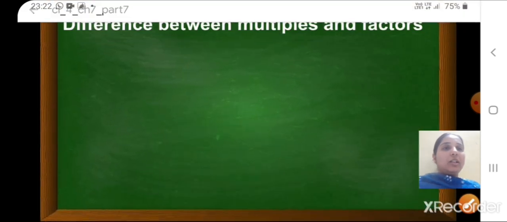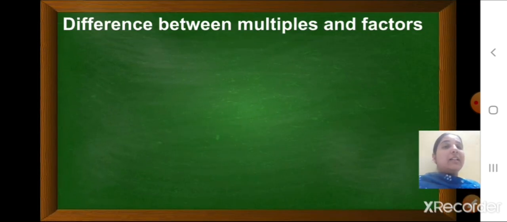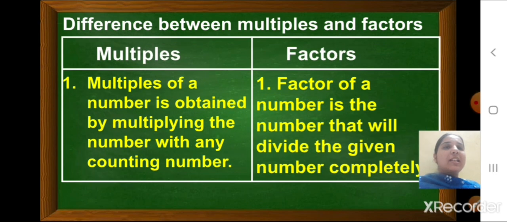Now let's see the difference between multiples and factors. The first difference is that the multiple of a number is obtained by multiplying the number with any counting number. So that is clear. How do we find the multiple of a number?